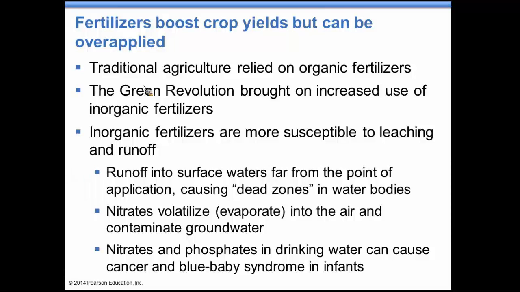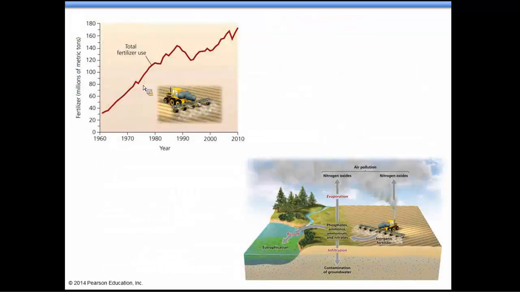Nitrates volatilize or evaporate in the air and contaminate groundwater, and nitrates and phosphates in drinking water can have multiple health effects. So as we can see, fertilizer use has only increased throughout the years, and in the bottom right we have an infographic on how this fertilizer can affect not only the nitrogen cycle but also ecosystems in our lakes and rivers.